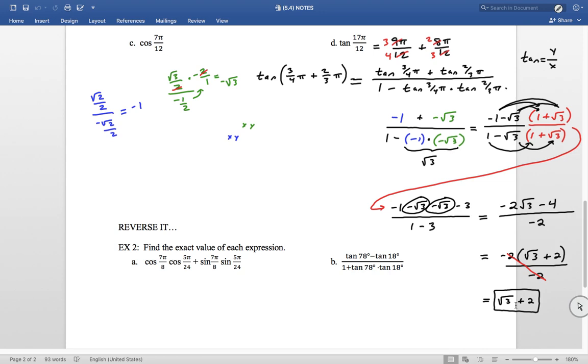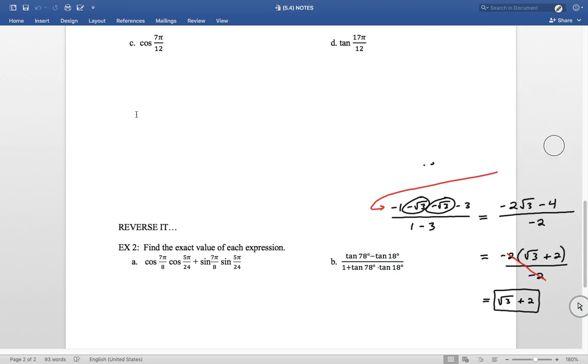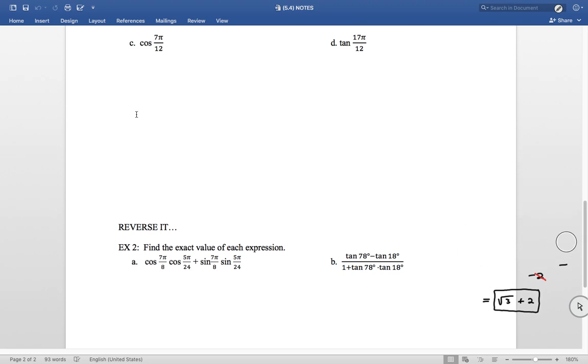For the sake of time, I'm going to cruise right on to our final example here, and I guarantee you it's not as bad as what we just did. You're just going to reverse the process now. You're going to start with a sum or a difference identity, and you're just going to backtrack and tell me what it looked like at the start.